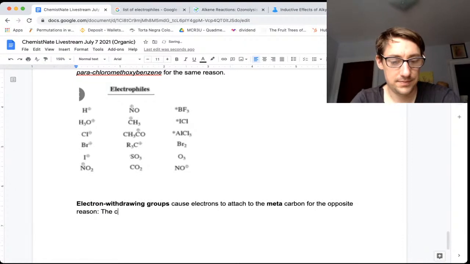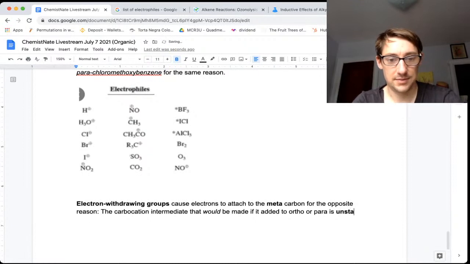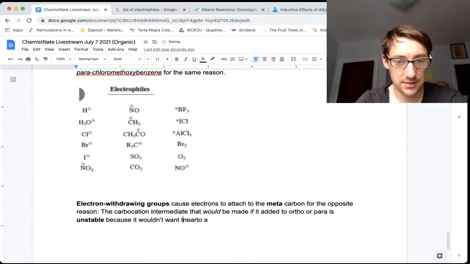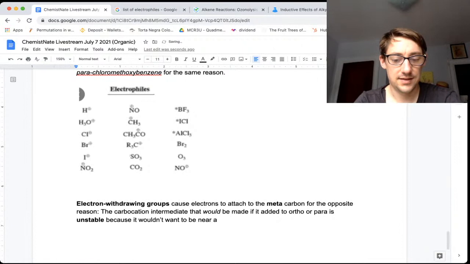The carbocation intermediate that would be made if it added to ortho or para is unstable because it wouldn't want to be near a slightly positive charged carbon atom.